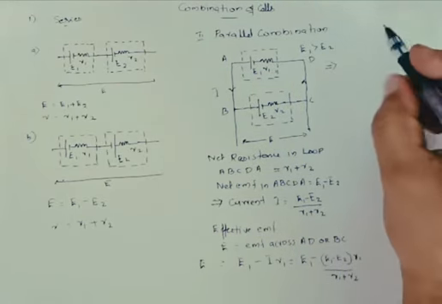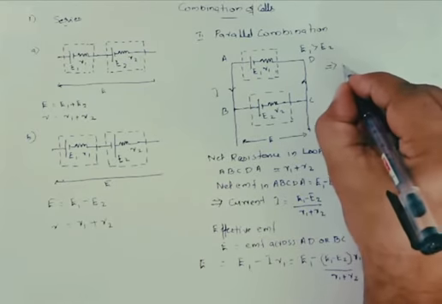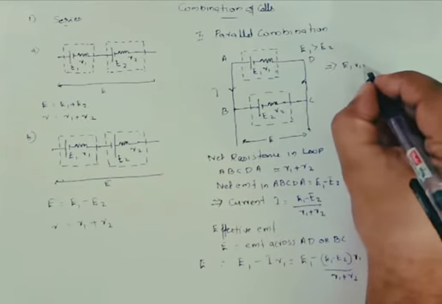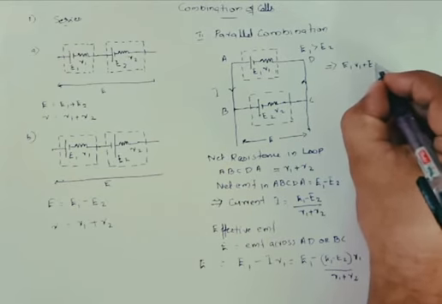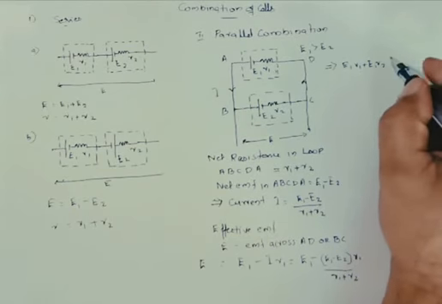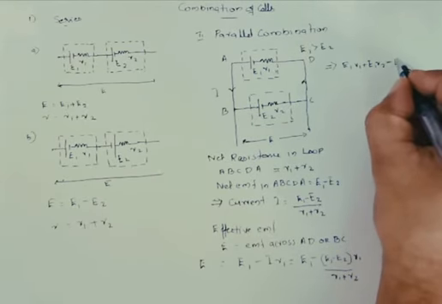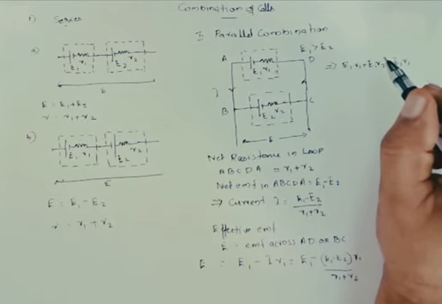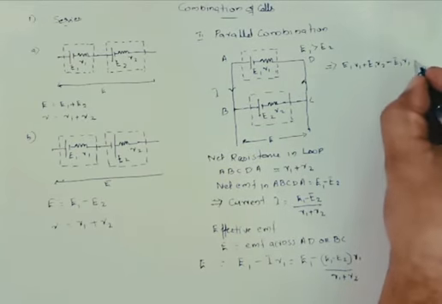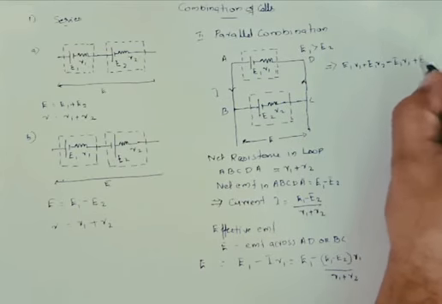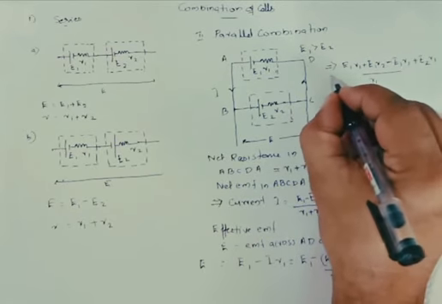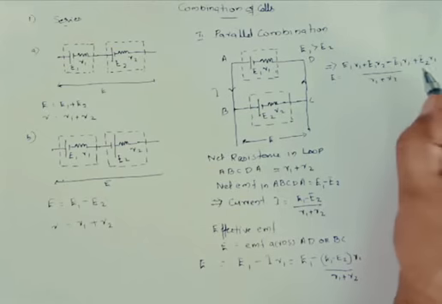Now you multiply the denominator with E1, and you will get E1 R1 plus E1 R2 minus E1 R1 plus E2 R1, the whole divided by R1 plus R2.